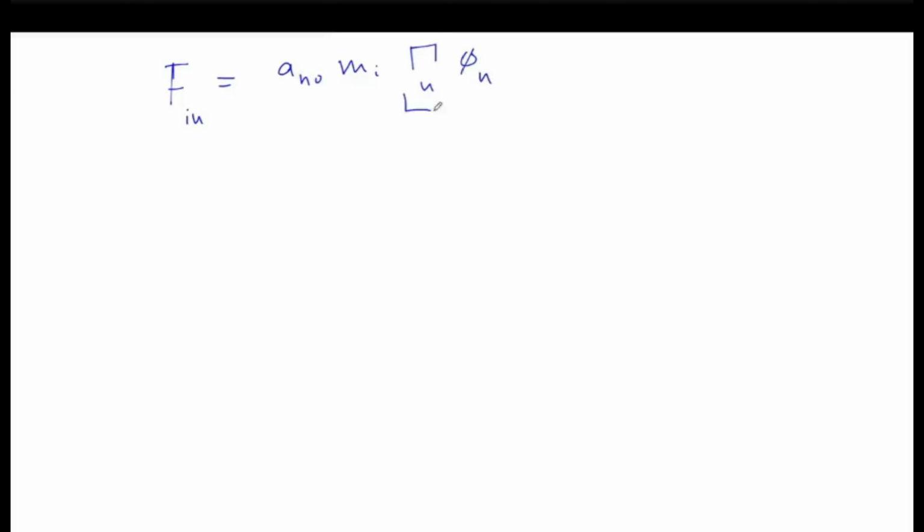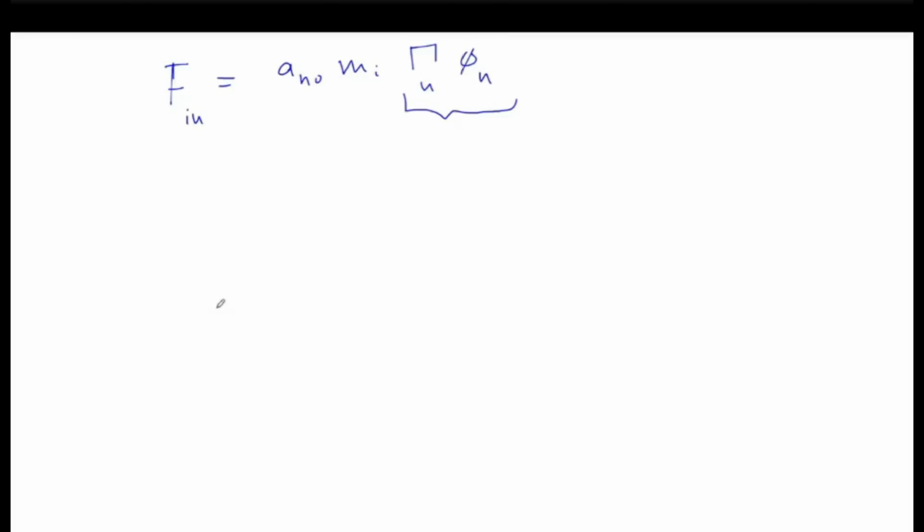So this is the participation function of a given mode multiplied with the floor masses, and then multiplied with the A n naught, which is the pseudo response acceleration obtained from the design spectrum.